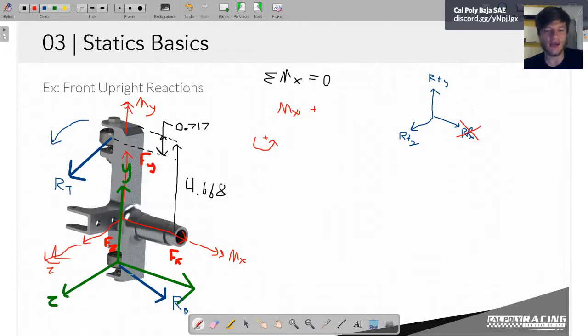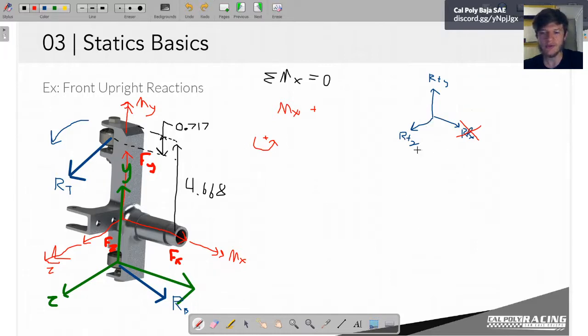So RTY, if we said, just for example, that RTY was located out here, well, this is now a force separated by a distance that can rotate around the x-axis, the axis that we're talking about.